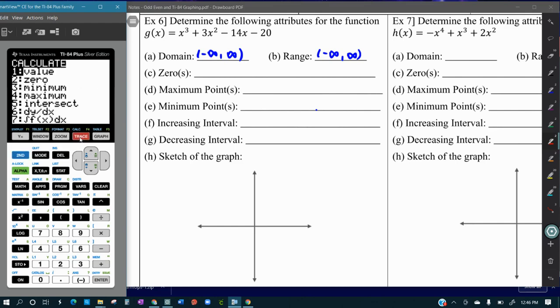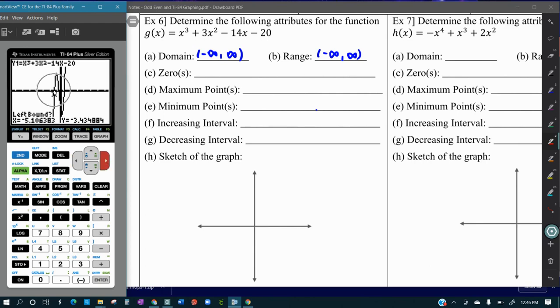Now notice there are lots of options here. Well, the first thing it asks us for is a 0. So go to selection 2 and press enter. Now it asks you left bound and right bound. You need this little blinking cursor to the left of your first 0. So I'm going to use my arrow keys and move it to the left of my first 0.